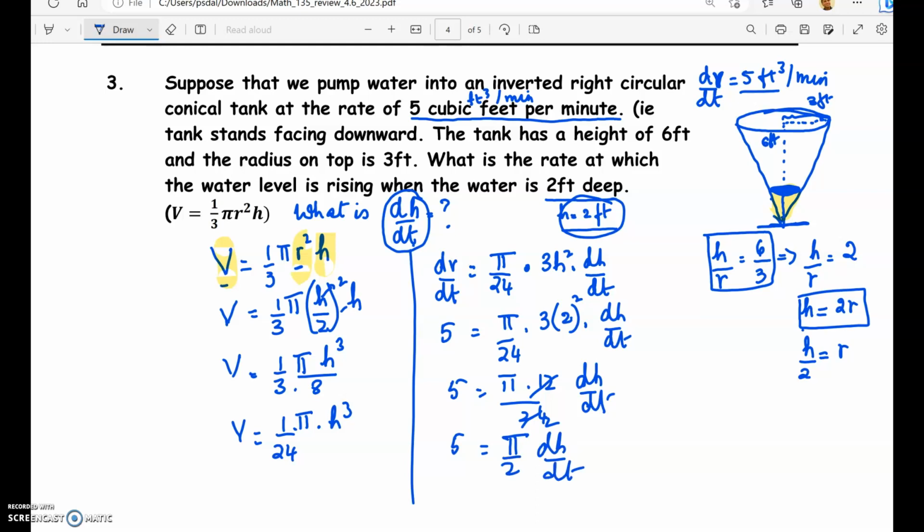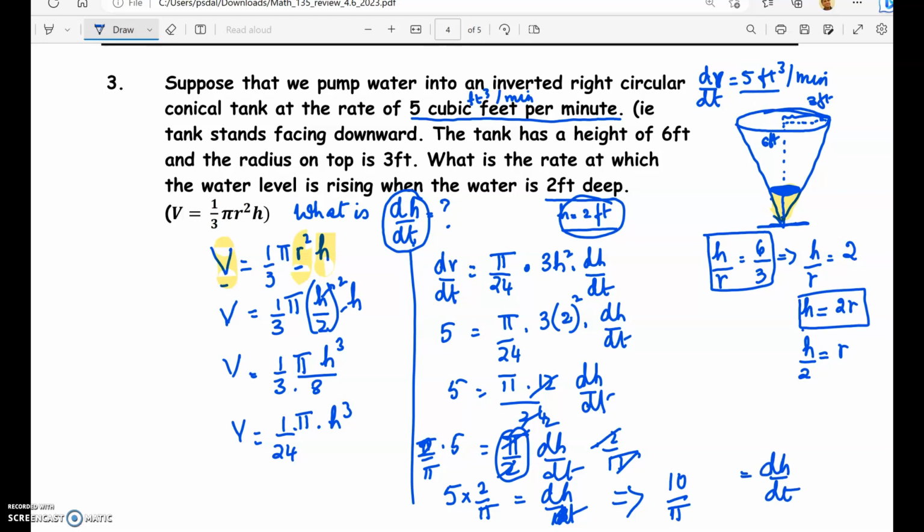Now we solve for dh by dt, so it's 5 times 2 over pi. We multiply both sides by 2 divided by pi because we're trying to get rid of pi over 2 on the right side, and that's equal to dh by dt, and that is 10 over pi is equal to dh by dt.